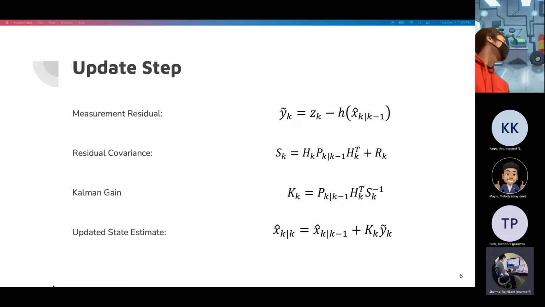The residual covariance is calculated using the H, and the P from the estimated state, and then R is a gain matrix we chose. The Kalman gain uses these values, and then we plug that in to get our updated state estimate from this update step as well as the predicted step.